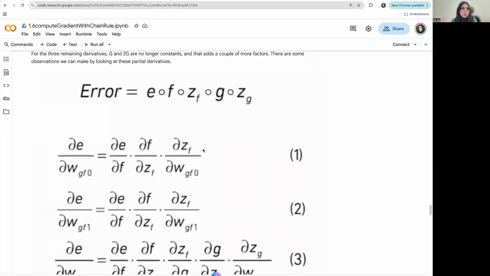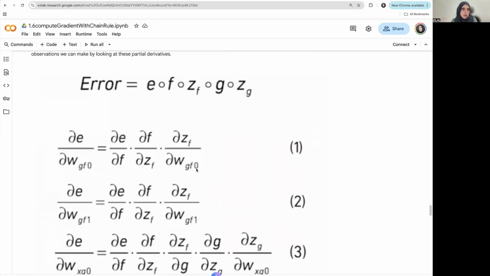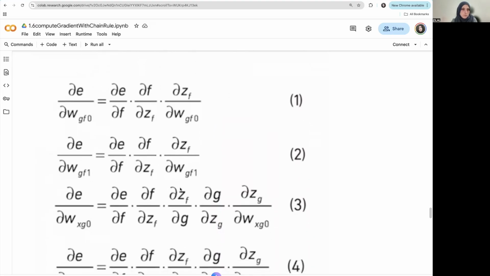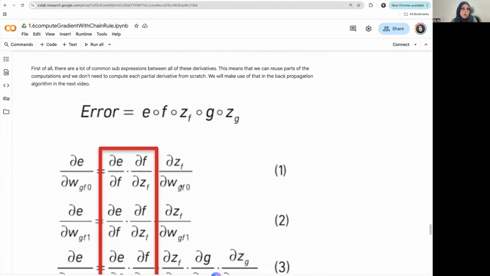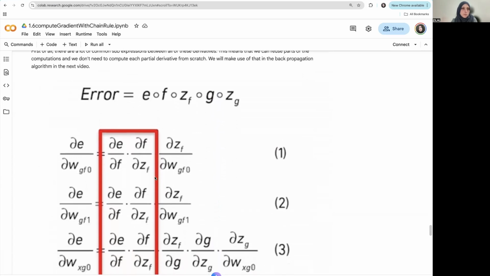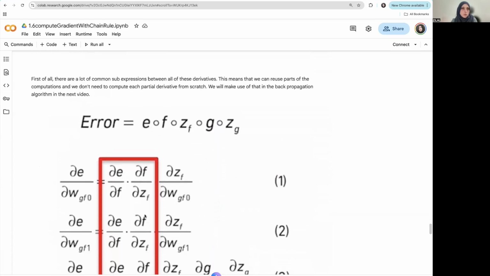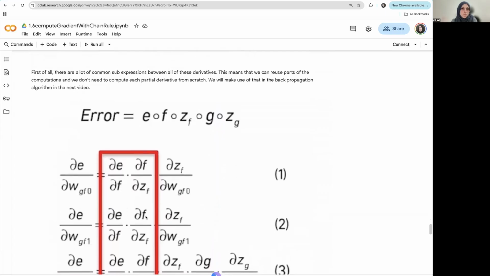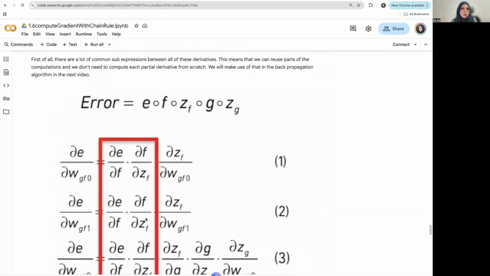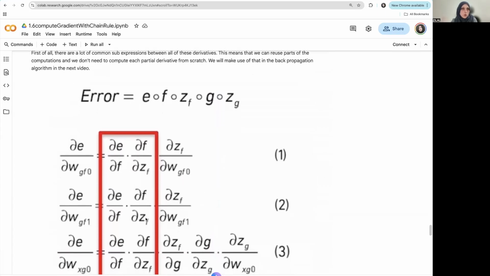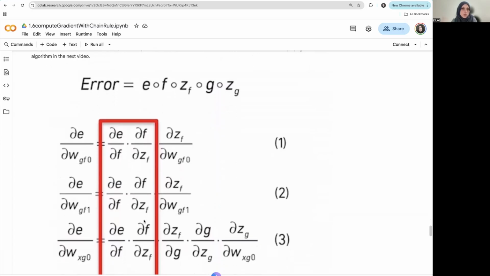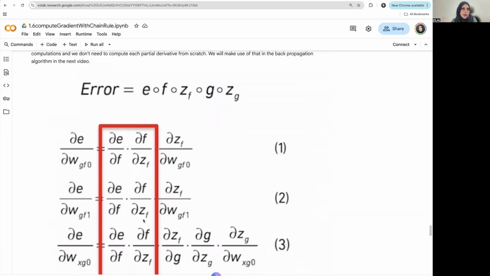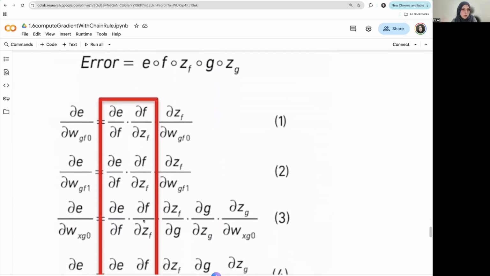There are some observations we can make by looking at these partial derivatives. First of all, there are a lot of common sub-expressions between all of these derivatives. This means that we can reuse parts of the computations and we don't need to compute each partial derivative from scratch. We will make use of that in the backpropagation algorithm in the next video.